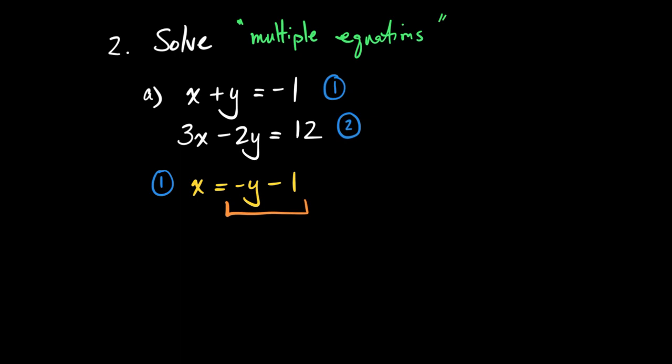So wherever I see an x in equation 2, I can replace it with negative y minus 1 because they are equal. So I'm going to sub equation 1 into equation 2. And you can see in my blue writing, I am telling the world that that's what I'm doing.